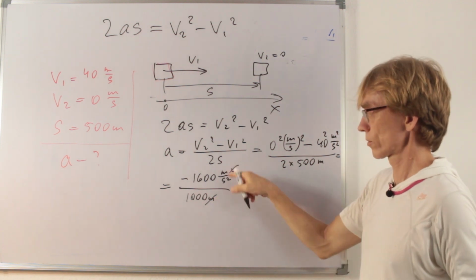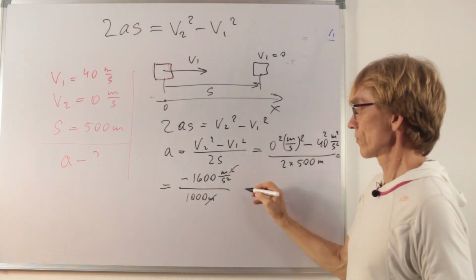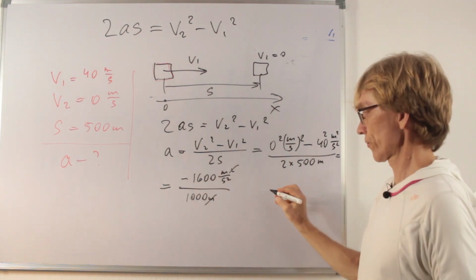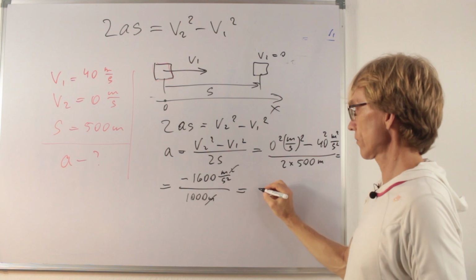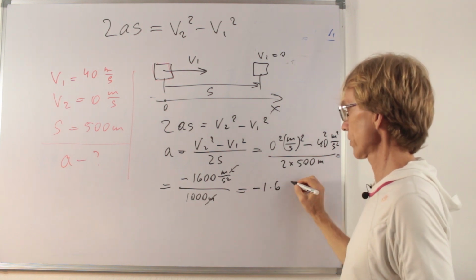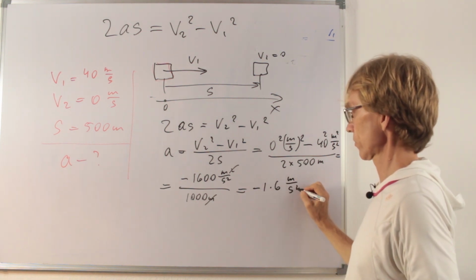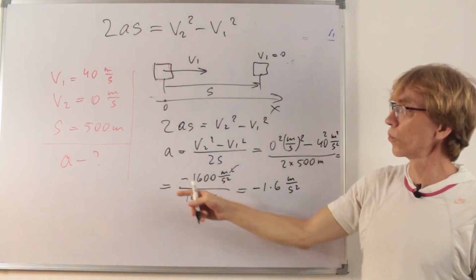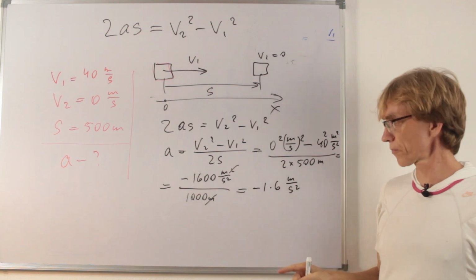Meters would simplify. My final unit is meters per second squared, as it should be for the units of acceleration, and I have minus 1.6 meters per second squared. That's the acceleration with which the train would stop.